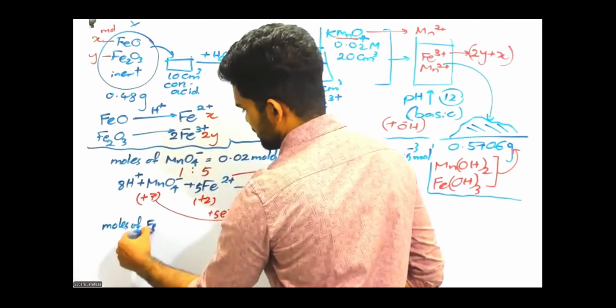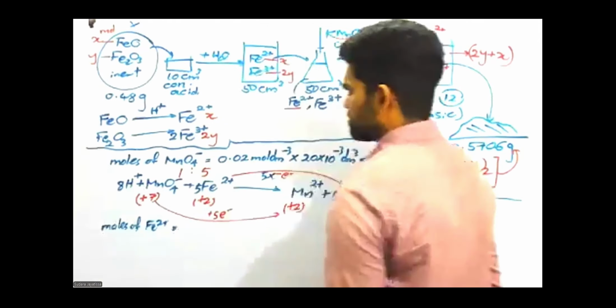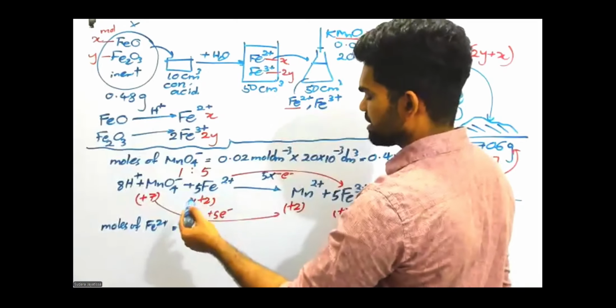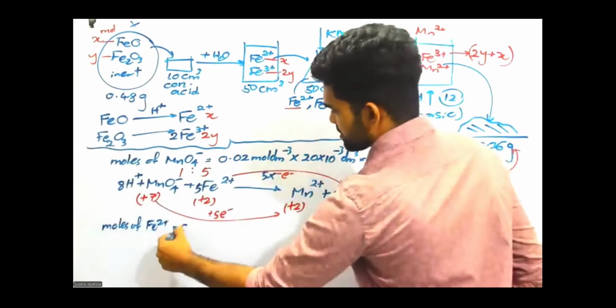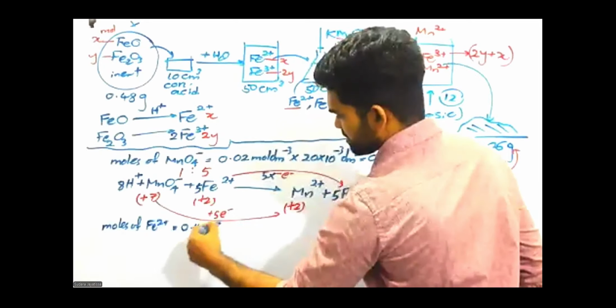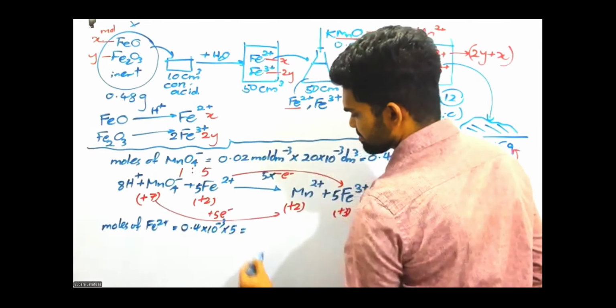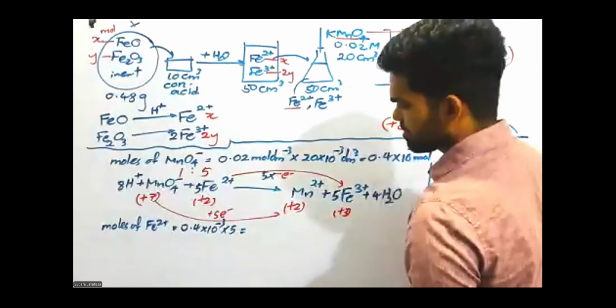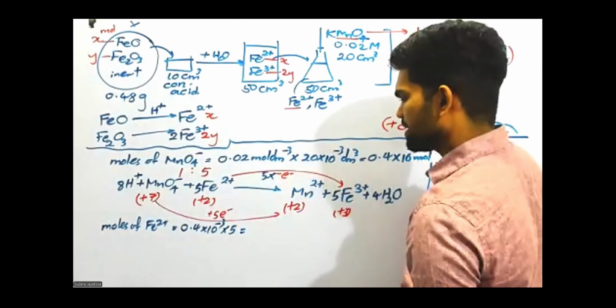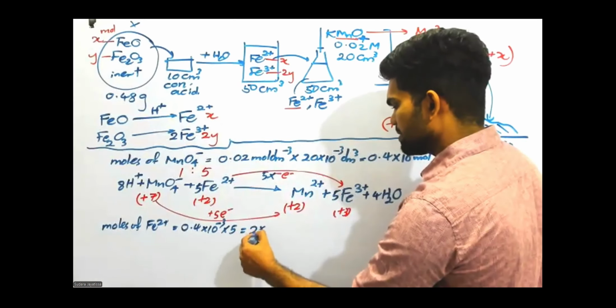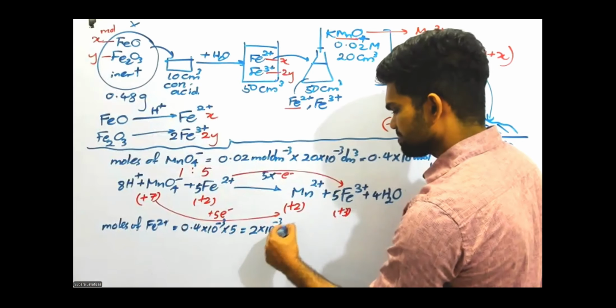So we can find out the moles of Fe2 plus. Moles of Fe2 plus is 5 times this number of moles. So 0.4 into 10 to the power minus 3 into 5. 4 times 5 is 20, so 2 into 10 to the power minus 3 moles.